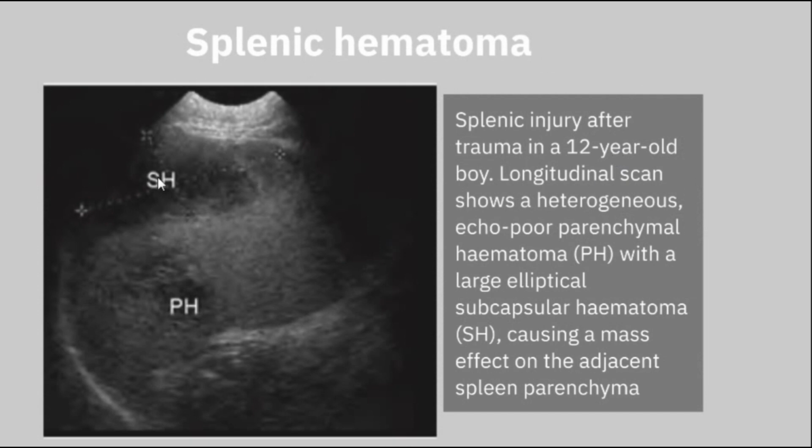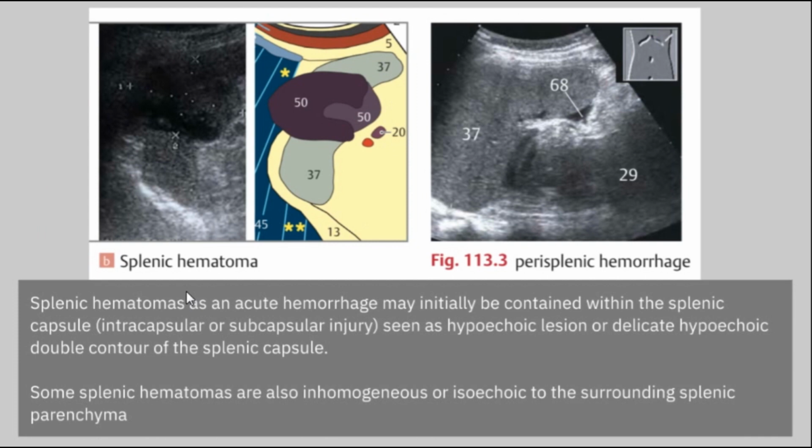Splenic hematoma, we can see an area of hypoechoic region, and there's also another one. This is a subcapsular hematoma, but this is an intraparenchymal hematoma. Again, we see an echo-poor region in the spleen.